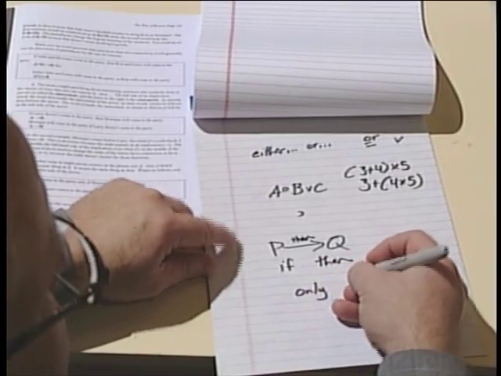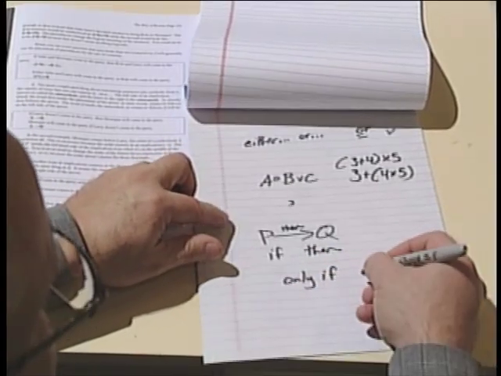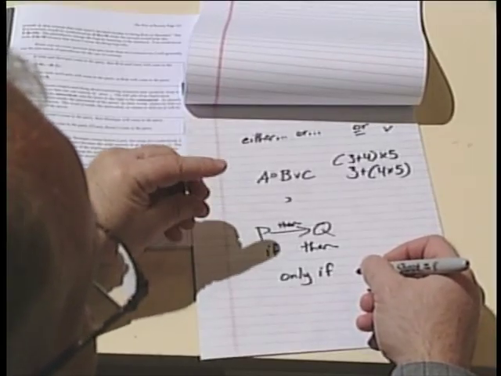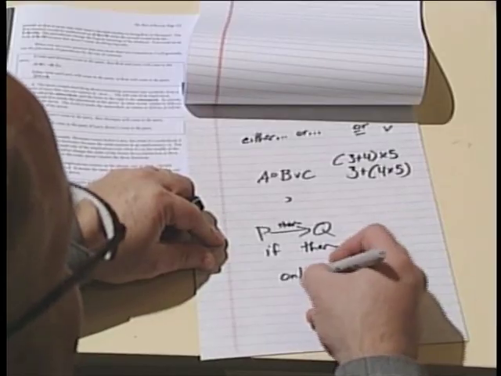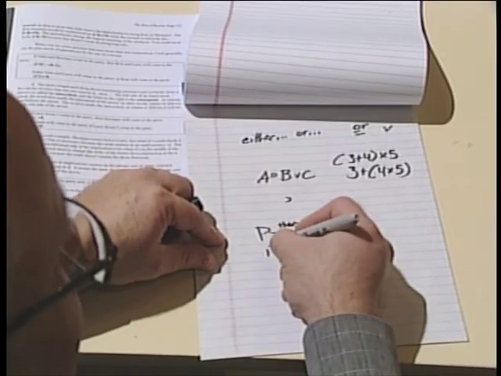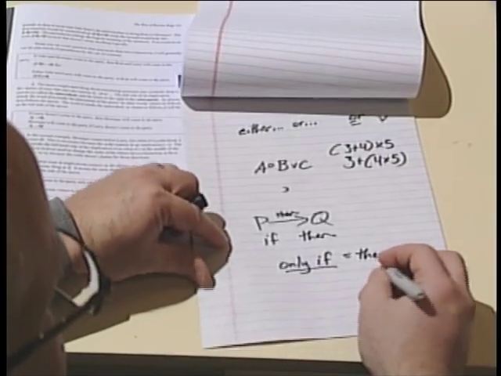Something that only really shows up in logic, only if. Now, I can't say that I see this out a whole lot outside of logic, but it's a standard logical marker. The phrase only if sounds like the left-hand side, but really it is the same thing as the right-hand side.